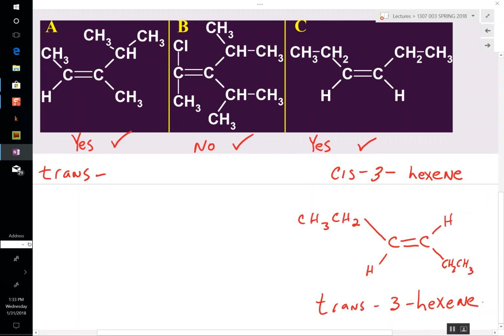Whenever it's diagonal like that, it's going to be trans. This thing is the same as that. We don't call it a substituent. It's been incorporated into the longest chain. But they are opposite each other. You come through the double bond, and you go out the other side to continue on with the chain. So that's trans-3-hexene. Okay?